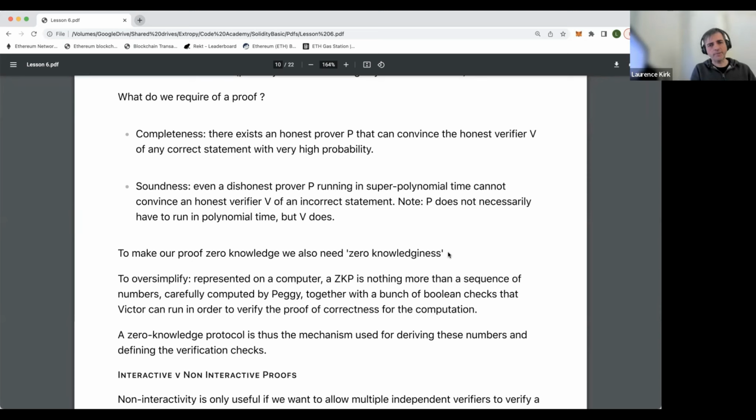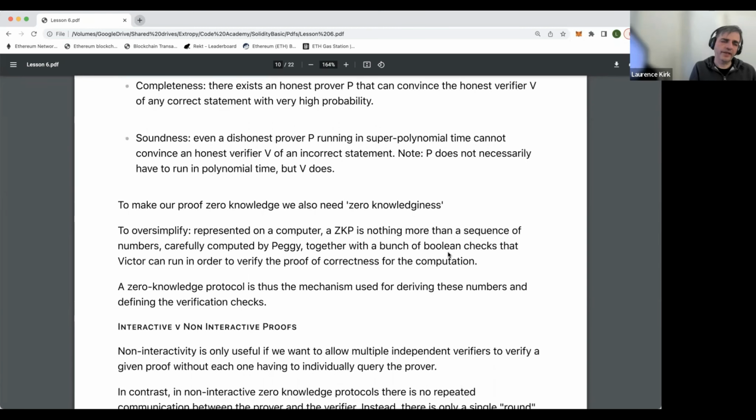And this thing about superpolynomial time, etc., that's just putting limits on the amount of resources that the various people have. But you don't need to worry about that, really. It's just saying that if the prover were dishonest, they wouldn't be able to get a verifier to accept a proof. And again, with a caveat that there is this slight probability that I've mentioned.